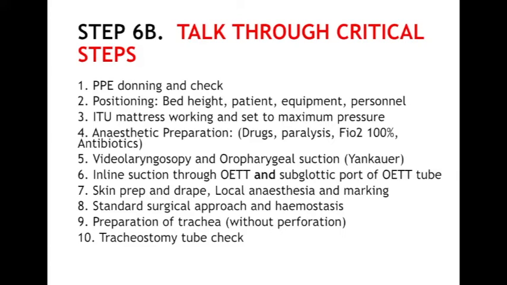The surgical procedure starts as normal with preparation, drape, local anaesthesia and marking. With careful standard surgical approach, a wider incision may be favoured, and to minimise potential haemorrhagic complications postoperatively, a blunt approach to the anterior jugular vasculature and/or thyroid isthmus should be performed.